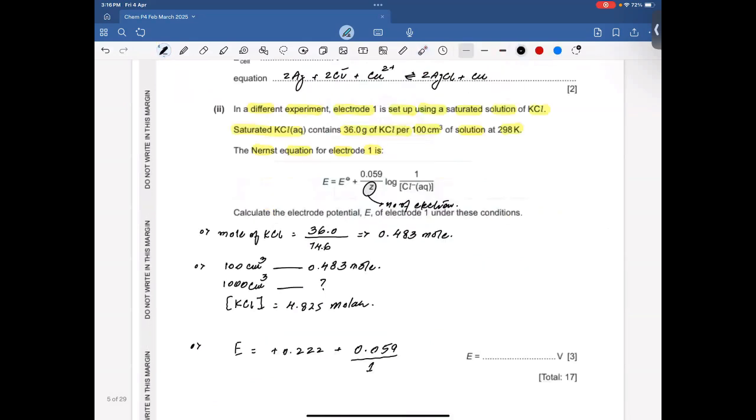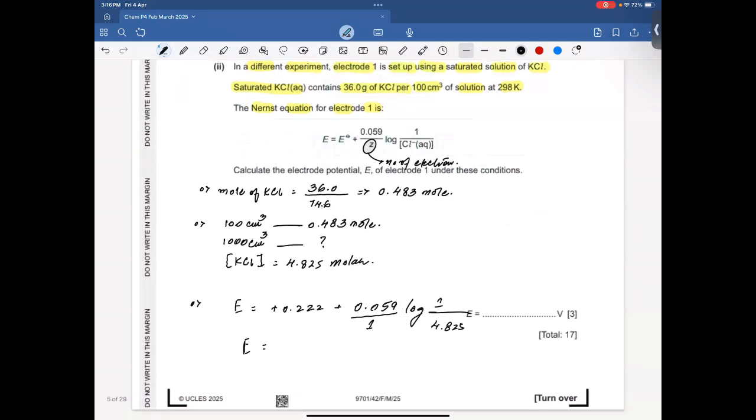Log base 10, 1 divided by the concentration of chloride ion, which is 4.825. So the value of electrode potential under non-standard condition would be plus 0.1816.